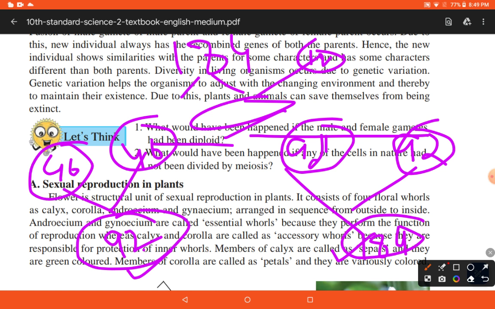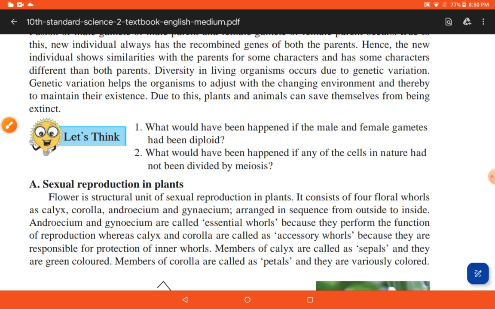After every generation, the chromosome number will start to increase. So variations will take place, right? This will happen when the gametes are diploid. Okay, got it? So no constant variation will be there. Every time you will see that variation takes place randomly, double every time. 92, 184, then it starts increasing. That's what will happen.